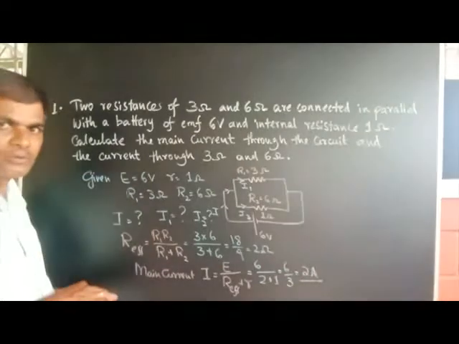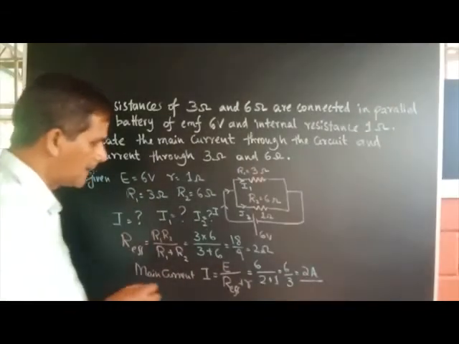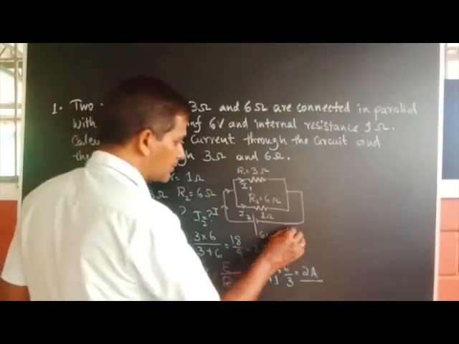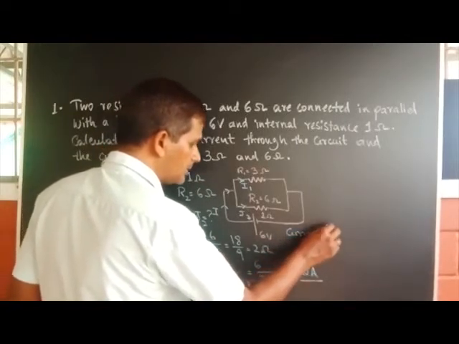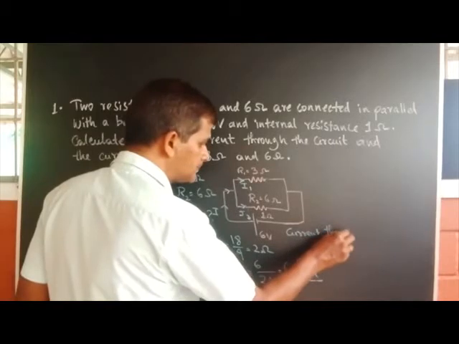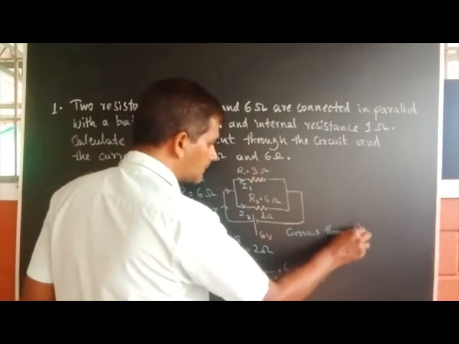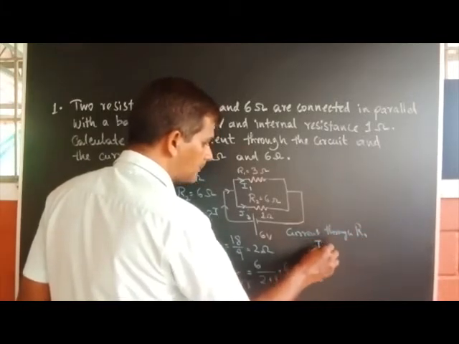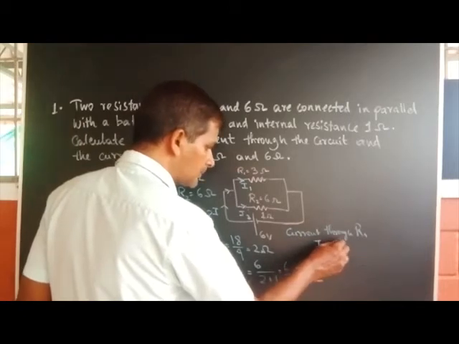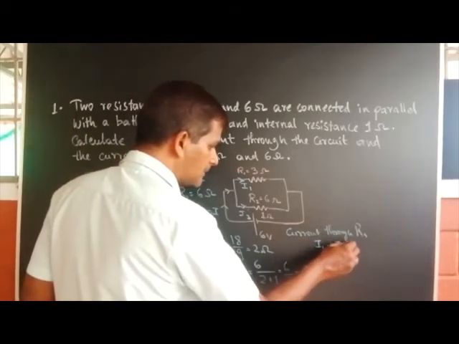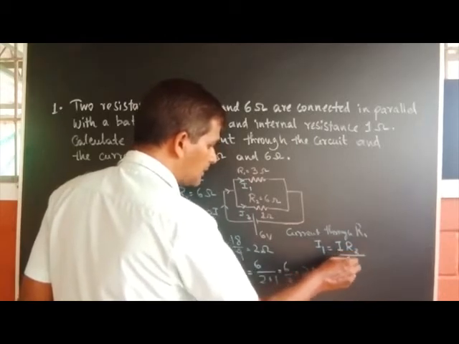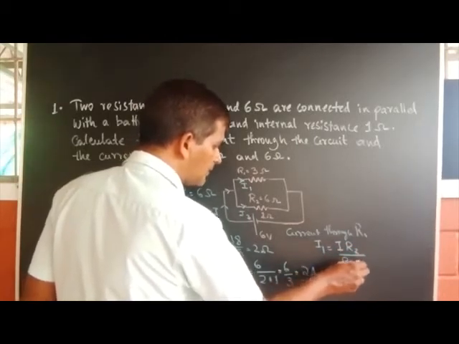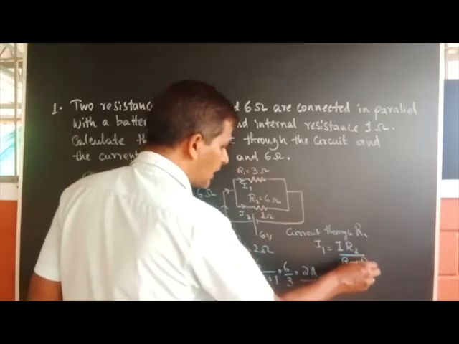Now we have to find out what is the current through these branches. The current through R1, that is I1, is equal to the main current into the resistance in the opposite branch, that is R2, divided by the sum of these resistances, that is R1 plus R2.